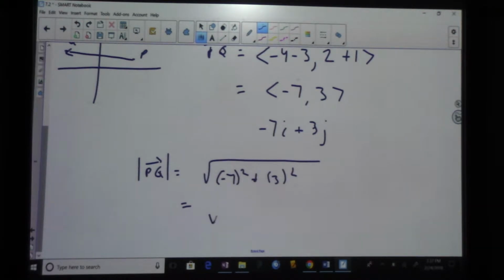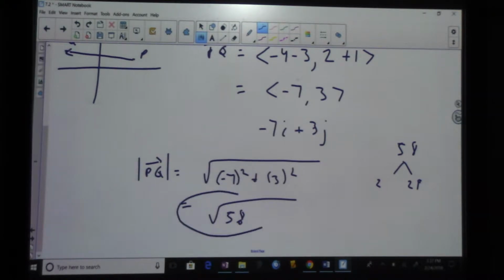So I get the square root of 49 plus 9, so 58. Let's see if that reduces. Divide by 2, we'll get 29. Nope, doesn't reduce. And so the magnitude is the square root of 58. Sorry for the handwriting. It's really hard to write on this pen.